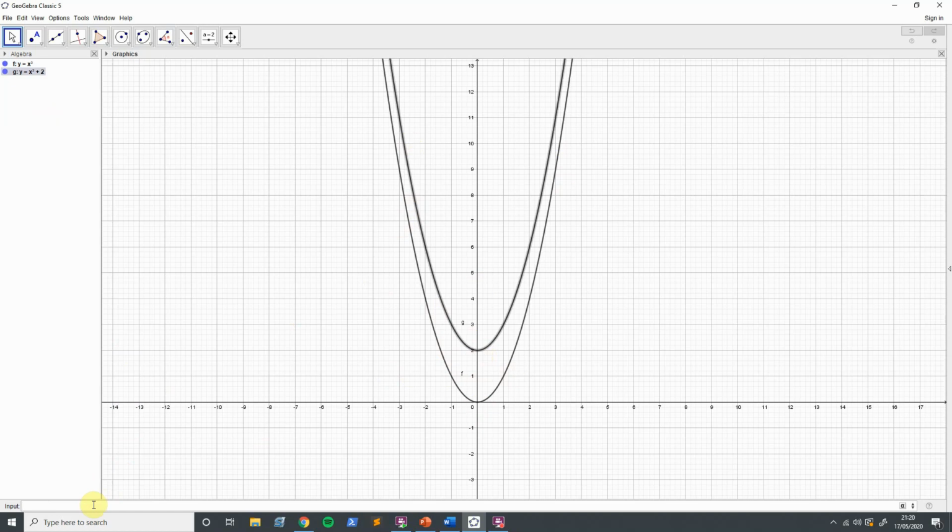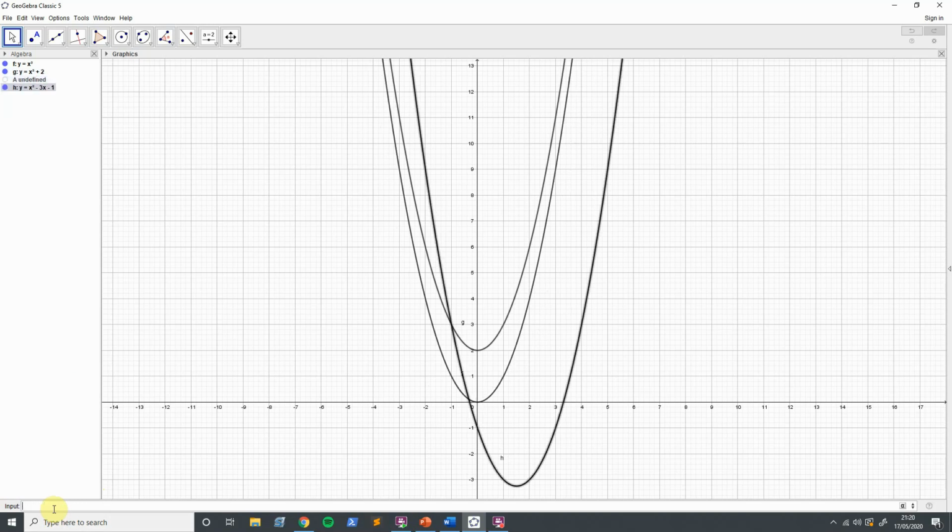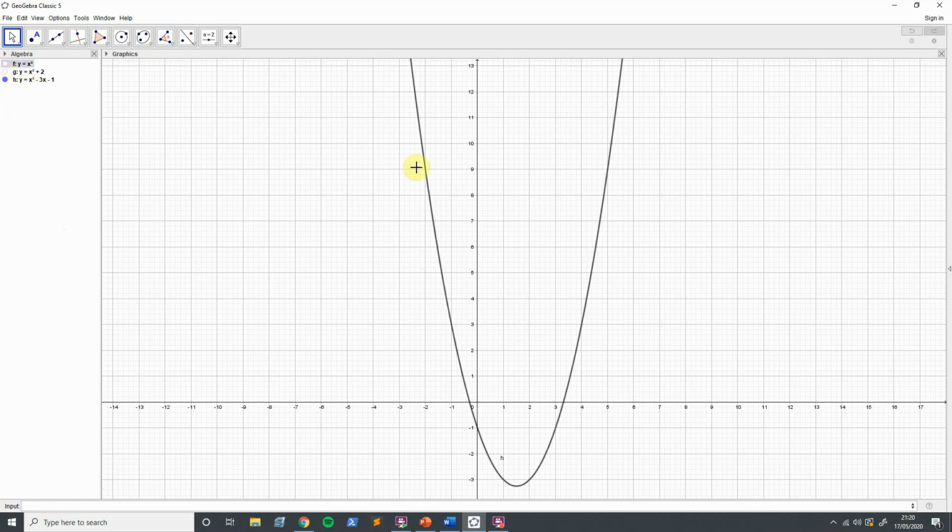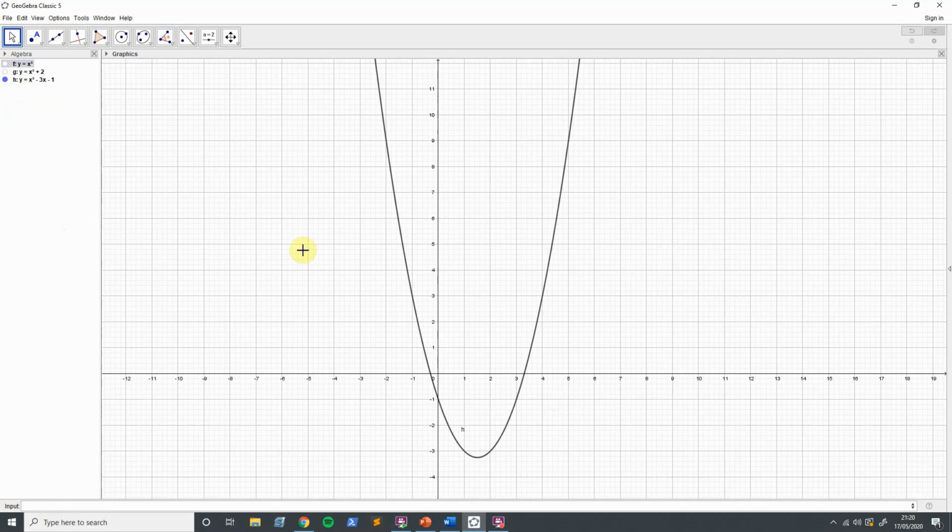Okay, how about if I chuck in y equals x squared plus 3x minus 1. Typed that one in wrong, didn't I? So y equals x squared, that's better, minus 3x minus 1. Hopefully you can see in the bottom left what I'm typing in, and then it comes up here. I'll delete that one. So again, it's been moved a little bit.